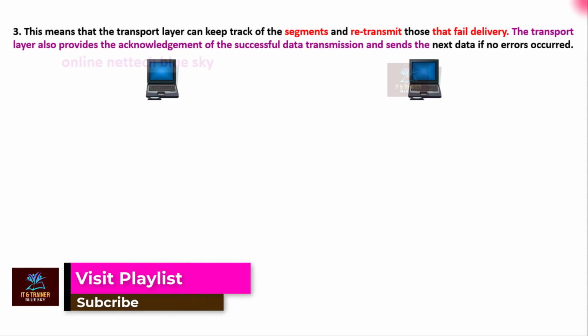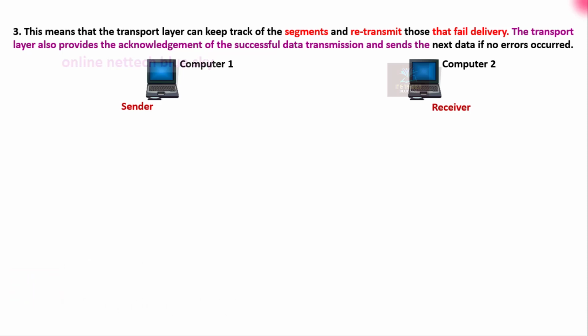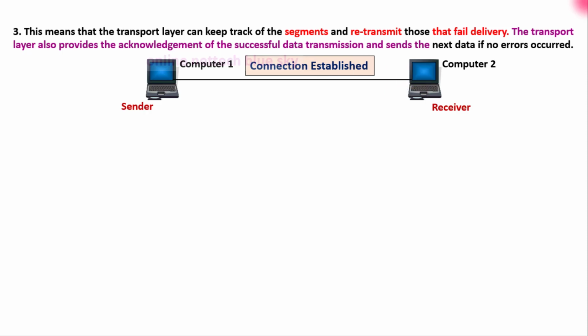I'm showing you two computers, computer one and computer two. One is the sender and computer two is the receiver, which receives data. I connect them by cable, such as Cat 5 or Cat 6. How the connection is established, I already told you just now.